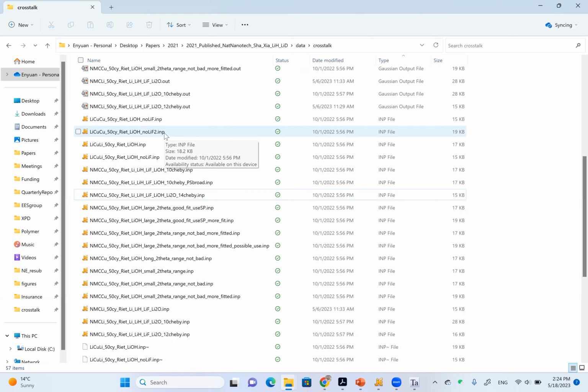It's unlikely that you'll do a good refinement in just one step. So you need to figure out by yourself how to get a good refinement specifically for your own data. That is not very general, but I can give you some guidelines, and that's what I'm going to talk about today.